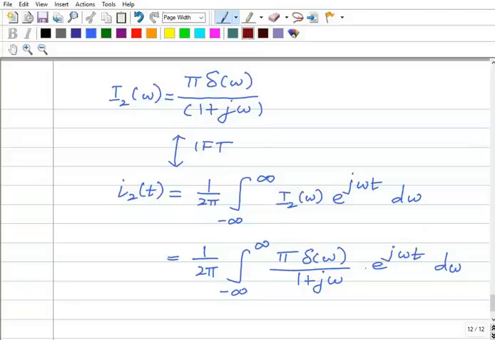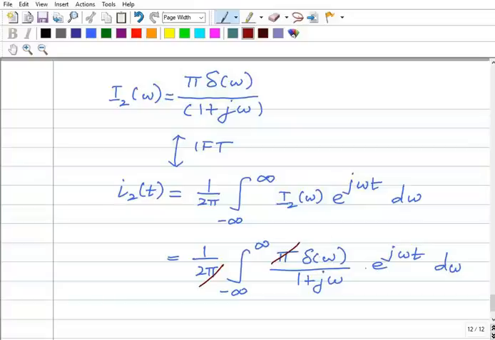So you can cancel this pi. Now again you need to use the property of the unit impulse. You can notice there is delta omega.